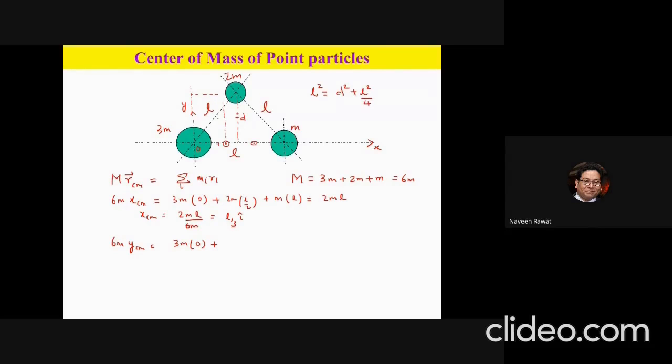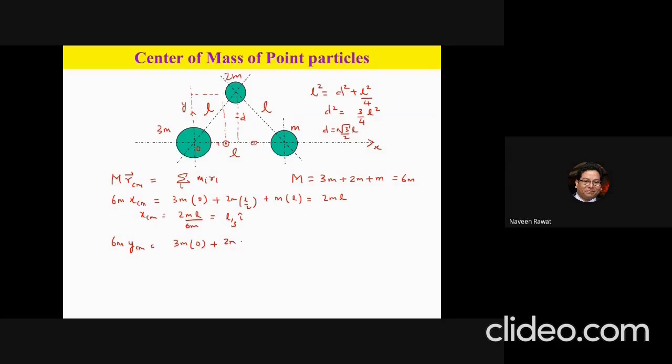This square plus this square is your hypotenuse square L square. So d square should be 3 by 4 L square, and that gives me the value of d, which will be square root of 3 by 2 L. So that is my coordinate of this distance on the y-axis for the second mass.